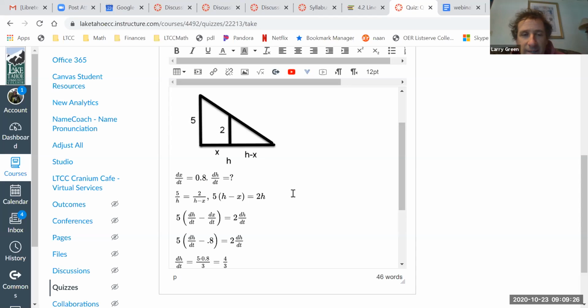Maybe I'm wrong. Maybe it's drawing the picture. But it's not the calculus typically that's hard, right? That was an easy derivative to take. But it's setting up the picture and the equation from the words. That's usually the tough part.